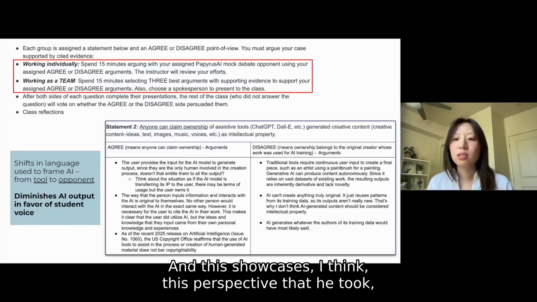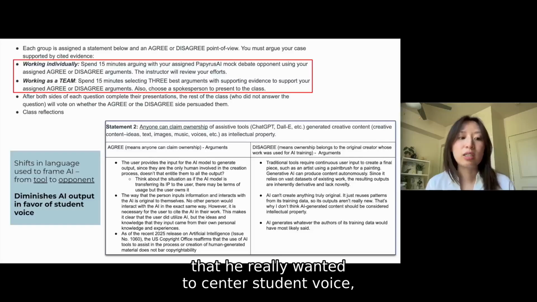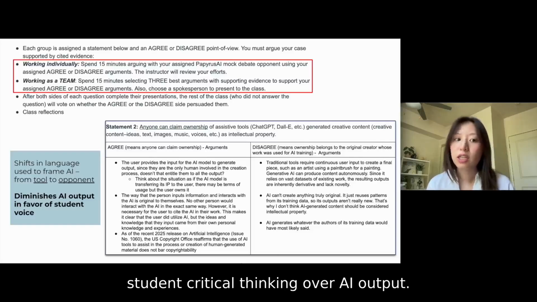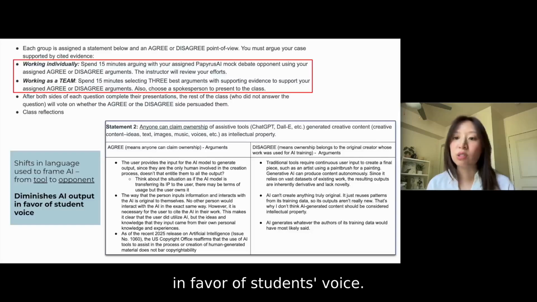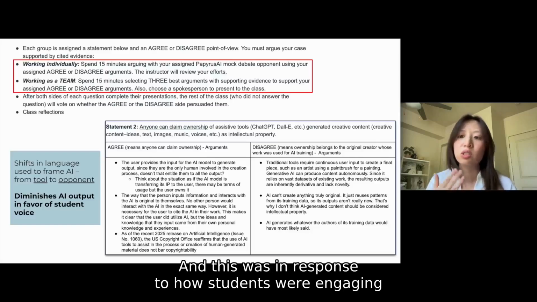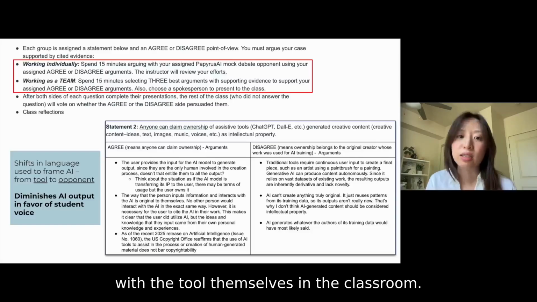And this showcases, I think, this perspective that he took, that he really wanted to center student voice, student critical thinking over AI output. And so in this way, he's diminishing that AI output in favor of students' voice. And this was in response to how students were engaging with the tool themselves in the classroom.